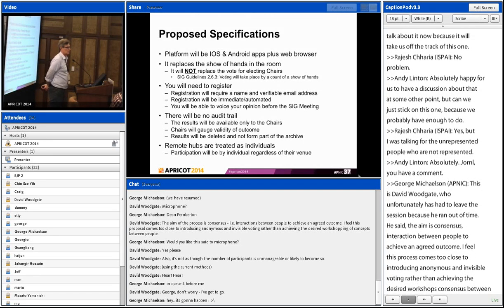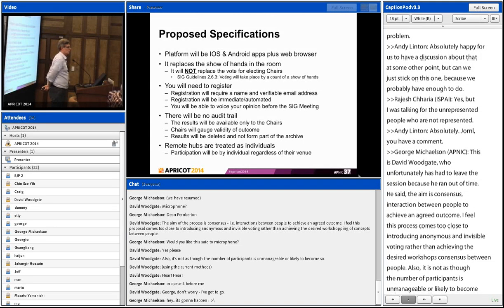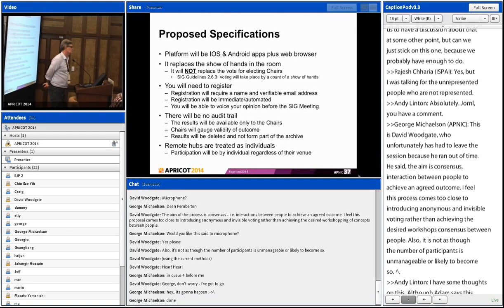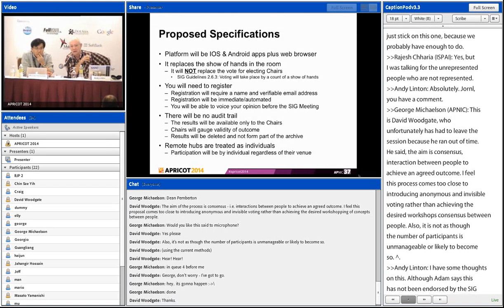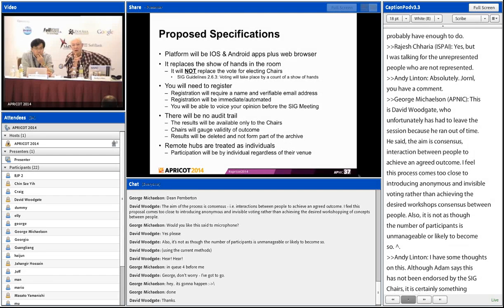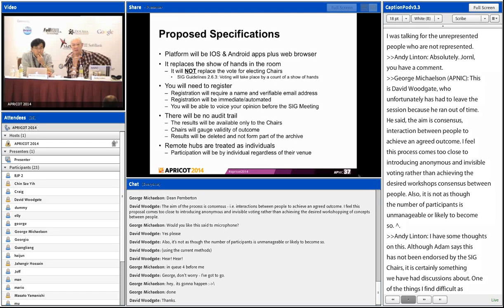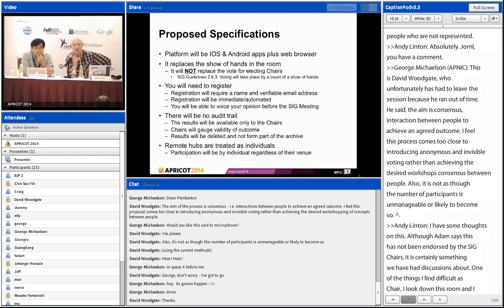Okay, so I have some thoughts on this, and although Adam says this has not been endorsed by the SIG chairs, it's certainly something we've had discussions about. One of the things I find difficult as chair is, I look down this room and I'm doing a quick head count this time, but the number of people eligible in this room to show consensus is actually really, really small.